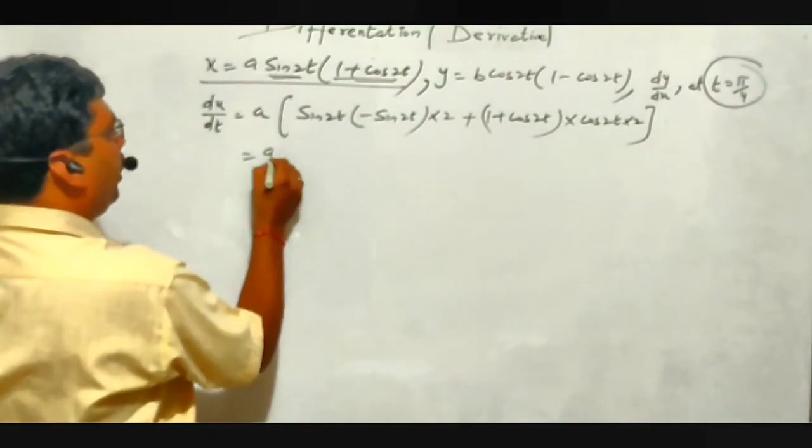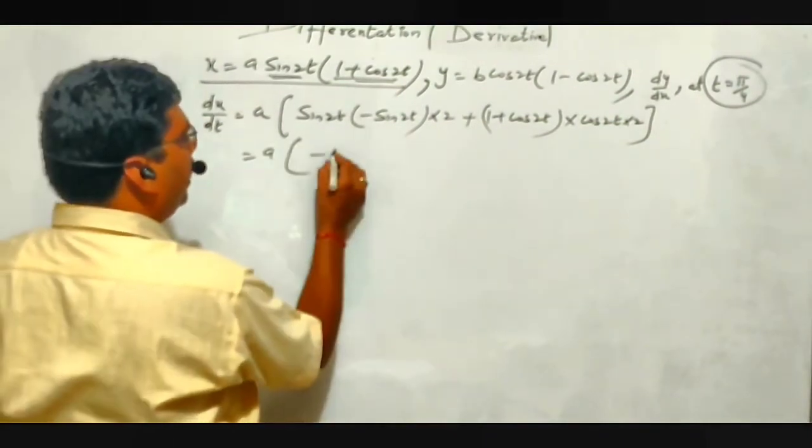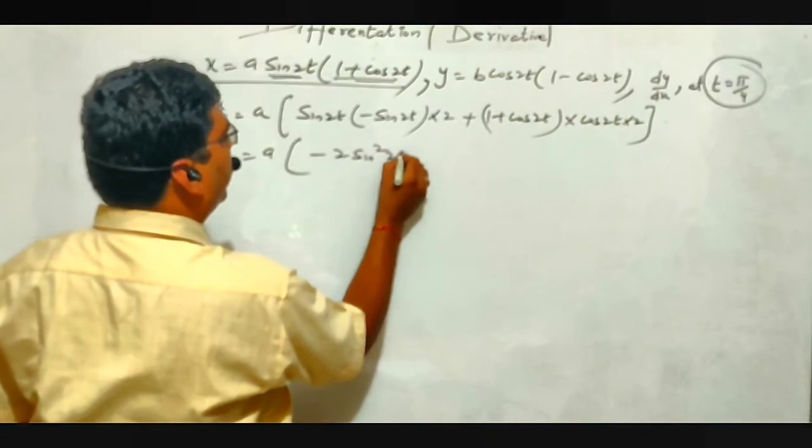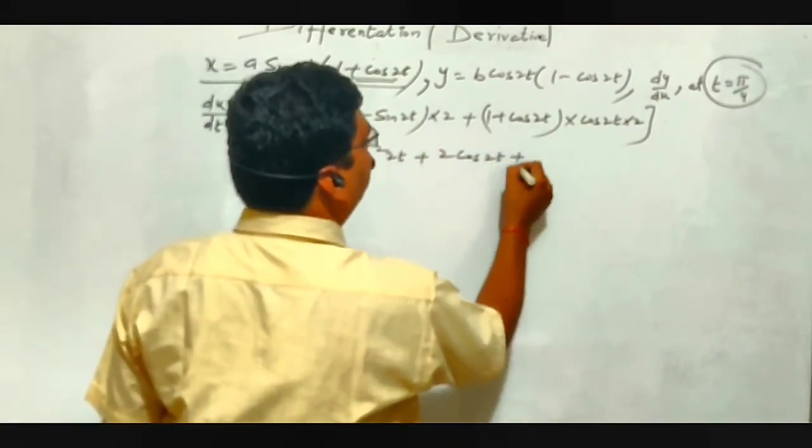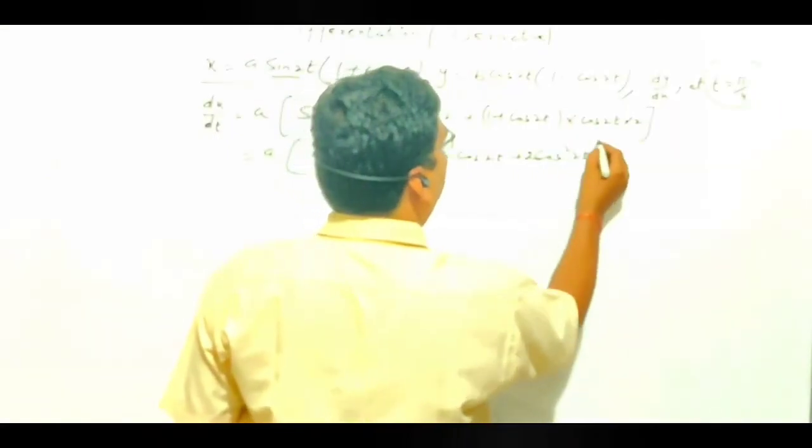Now solve: that becomes minus 2 sin square 2t, and that becomes 2 cos 2t plus 2 cos square 2t.